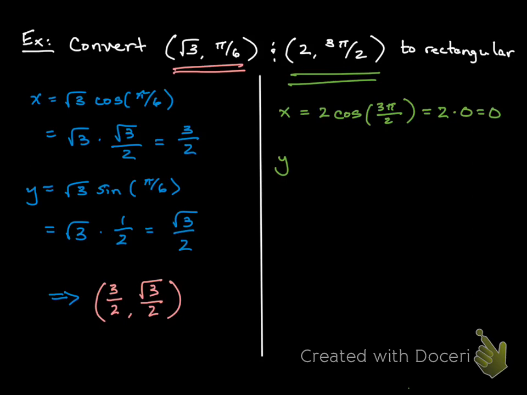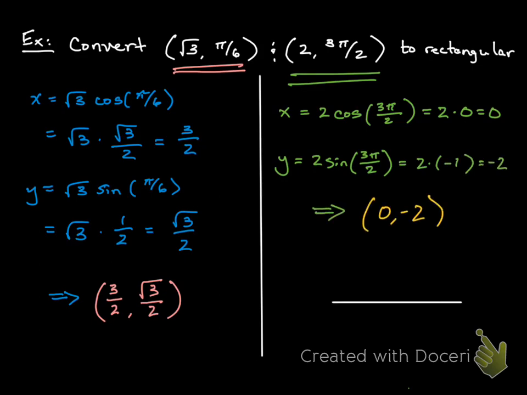Okay, that's interesting, but it's okay. y is 2 times sine of 3 pi over 2, which gives me 2 times a negative 1, which is minus 2. So this is the point (0, -2). Where's that at? That's on the negative y-axis. The corresponding polar point is still (2, 3 pi over 2).